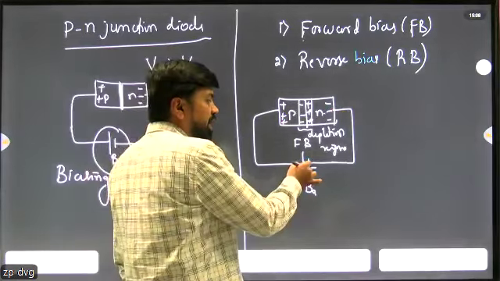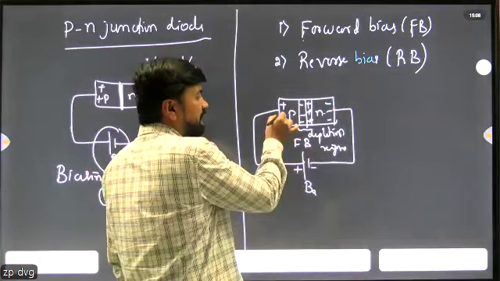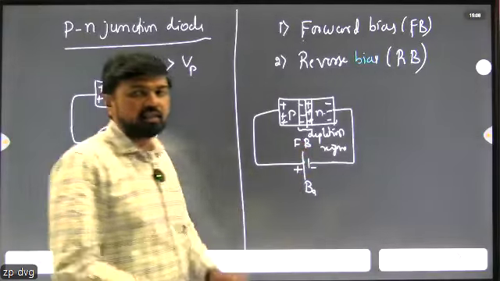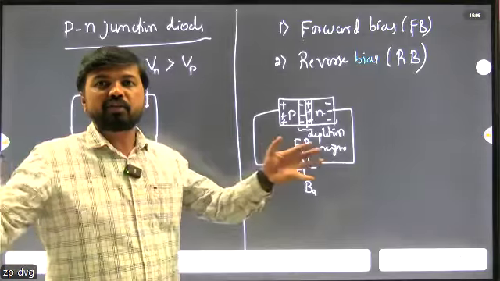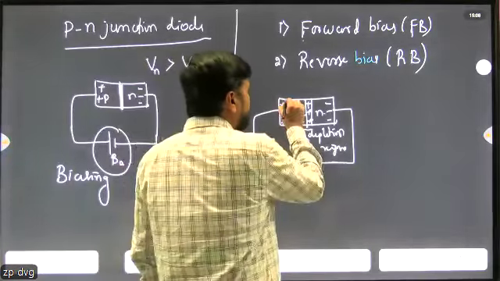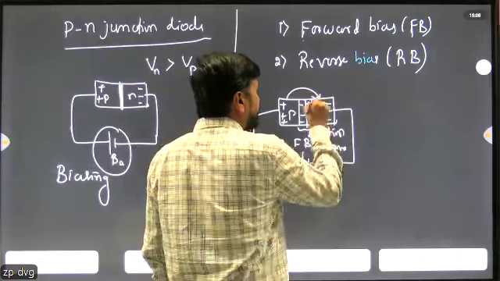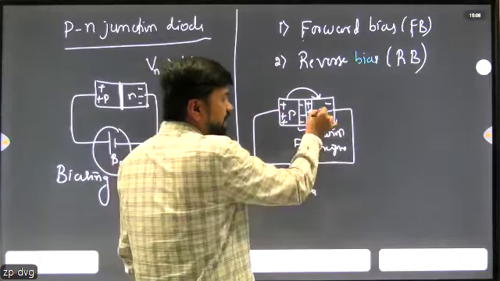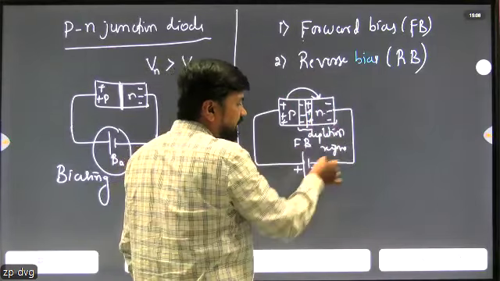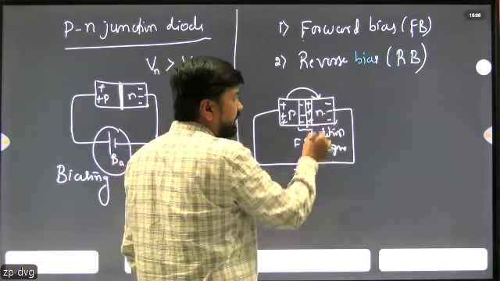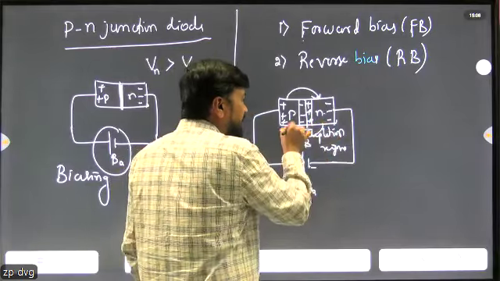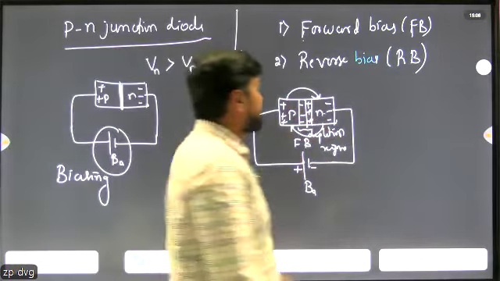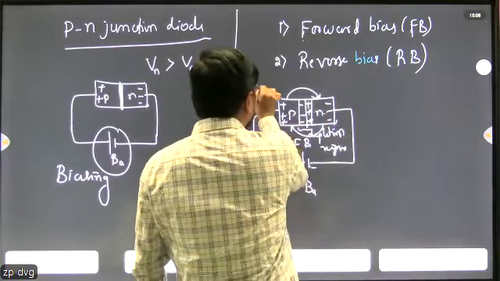When you switch on the battery, holes having positive charge are connected to the positive terminal of the battery, hence there is a force of repulsion, and holes move from the P side to the N side. At the same time, electrons in the N side are repelled by the negative terminal of the battery. As a result, electrons also move from the N side to the P side.